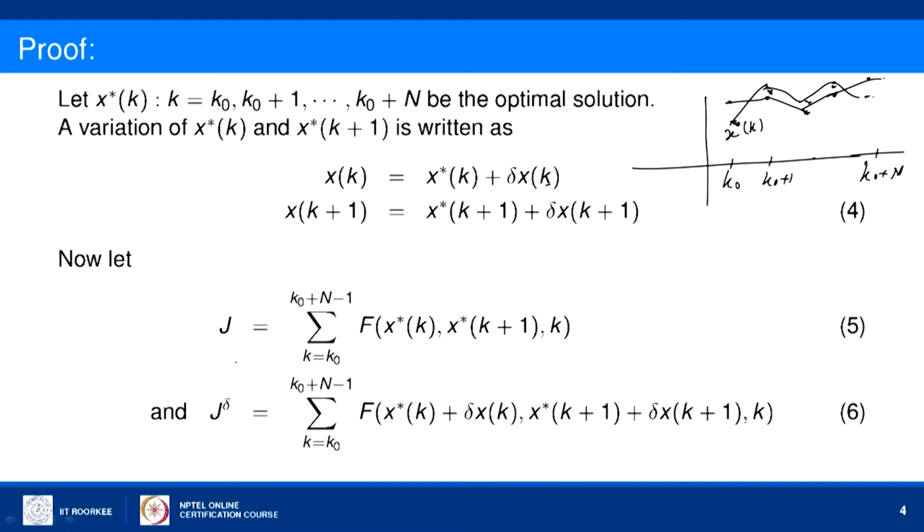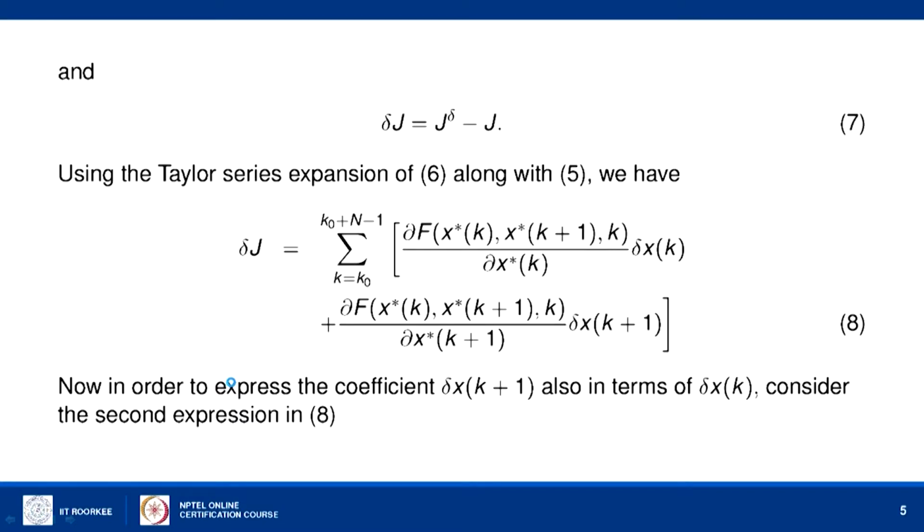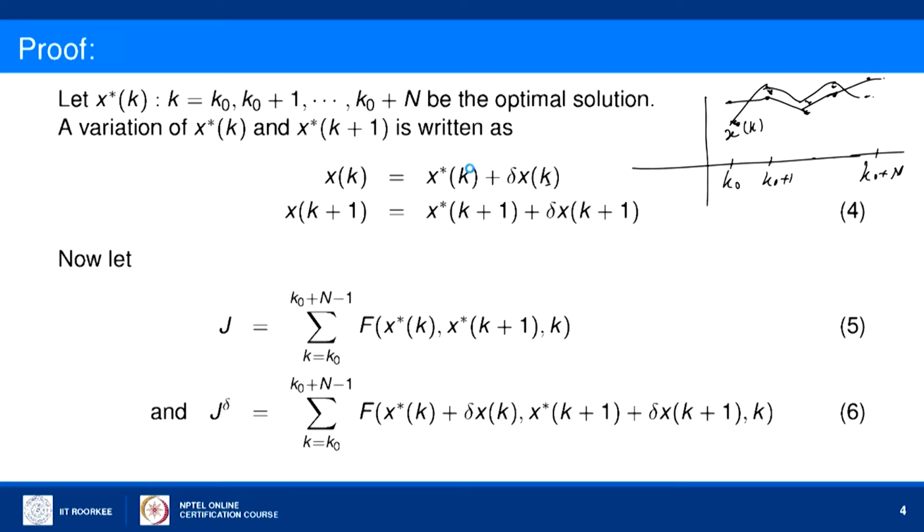Now, the J value which we want to minimize is given by this expression, starting from k0 to k0 plus n minus 1 of this function, and after giving the increment in x star we get the function J delta. So, the first variation in J is delta J, which is J delta minus capital J, and which can be written like this by directly substituting the values from here.